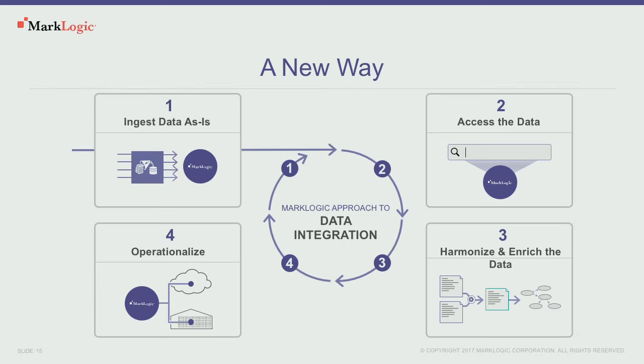So let me talk about this new way of doing things. You guys have probably seen this slide before. This is the MarkLogic approach to data integration. And there are 4 steps here. The first step is ingest as is, then we access the data, harmonize and enrich, and operationalize. So what do these mean? Ingest as is. Take all of your data, just load it straight away. It's there, it's searchable.